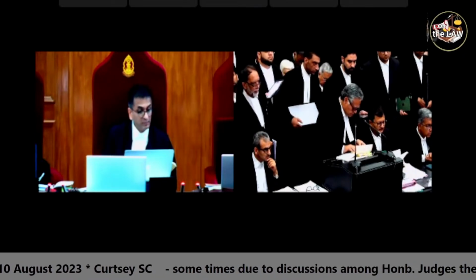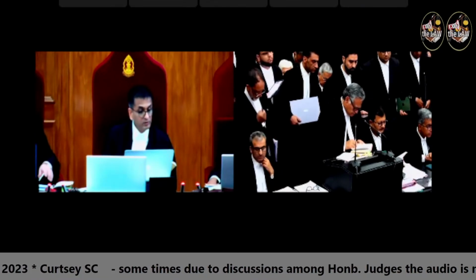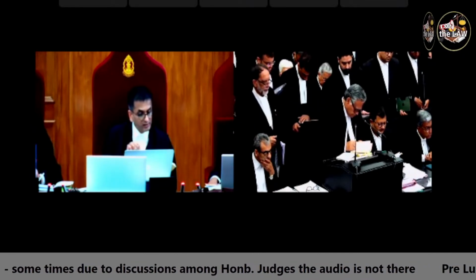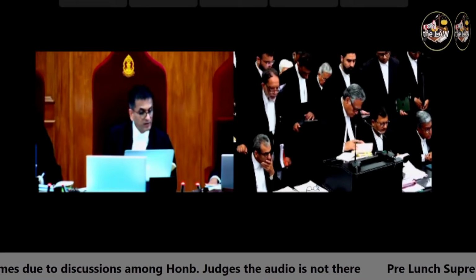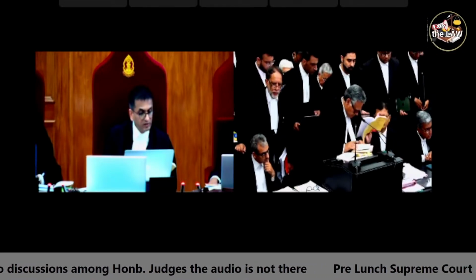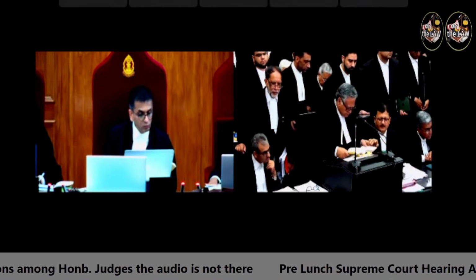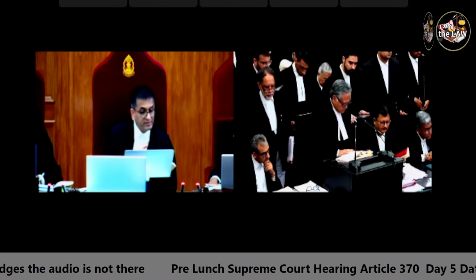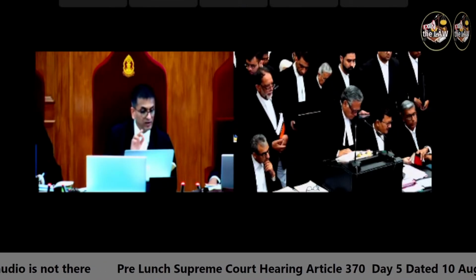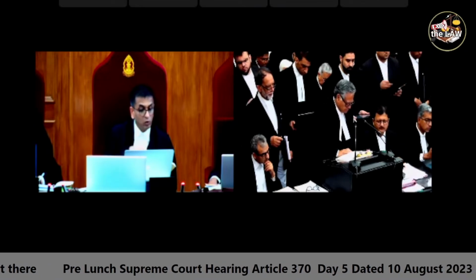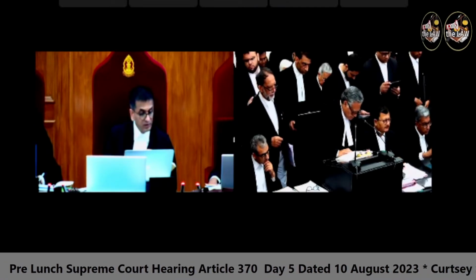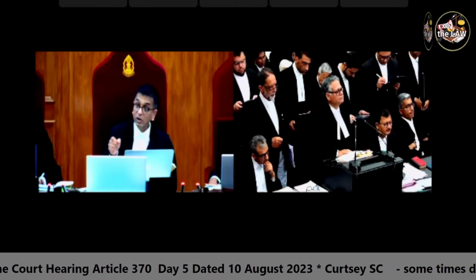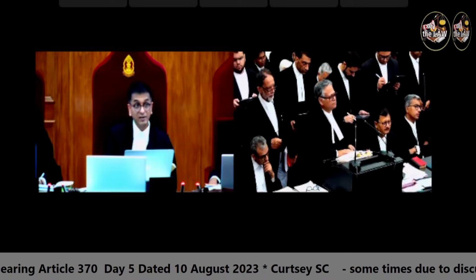Just see 249: notwithstanding anything in the foregoing provisions of this chapter, if the Council of States has declared by resolution supported by not less than two-thirds of the members present and voting that it is necessary or expedient in the national interest that Parliament should make laws with respect to goods and services tax, which came in recently, or any matter enumerated in the state list specified in the resolution, it shall be lawful for Parliament to make laws for the whole or any part of the territory of India with respect to that matter while the resolution remains in force. That's how Parliament enacted the Urban Land Ceiling and Regulation Act.